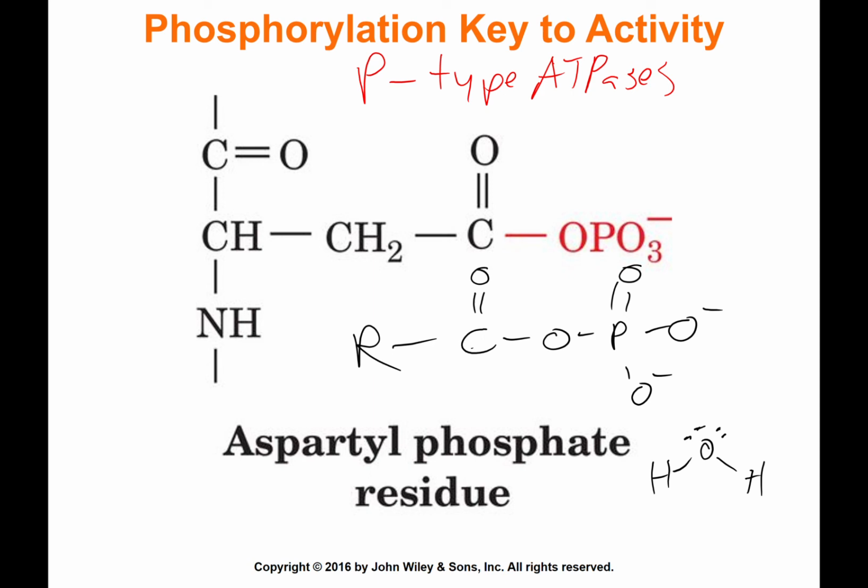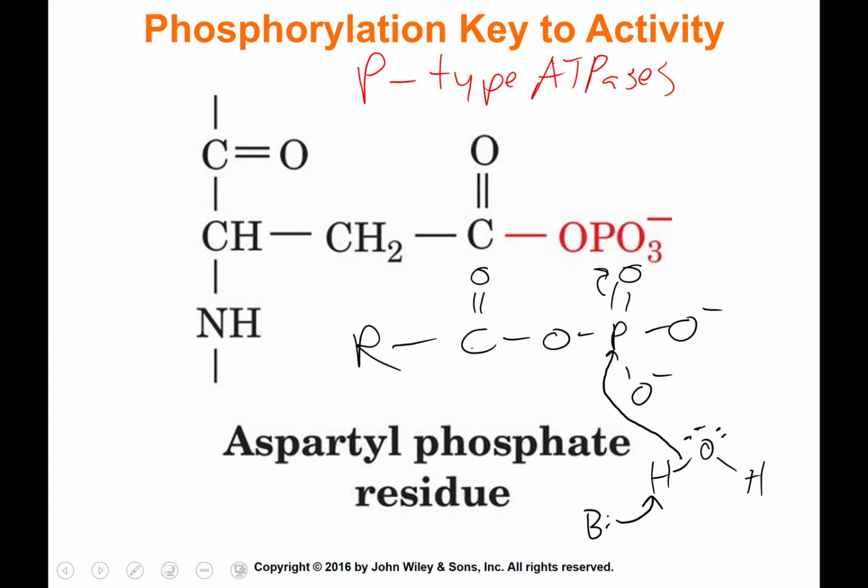The way we can make it a better nucleophile is to take a base and deprotonate it. Once it's deprotonated, it can attack the phosphorus of the phosphate and push the electrons up onto the oxygen.